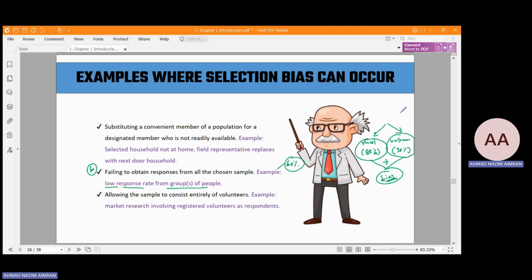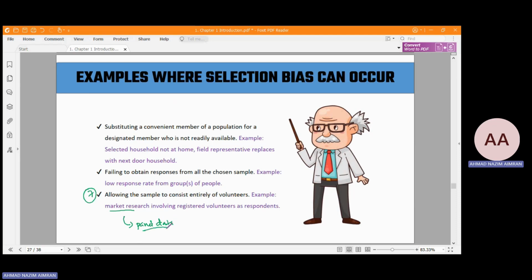Okay, and the last one, number 7 here, is allowing the sample to consist entirely of volunteers. This is always used by market research companies, which have panel data. Every time they would like to conduct a study, they will just blast the questionnaire to the panel data, and this panel data is those who are registered with the company to become respondents.